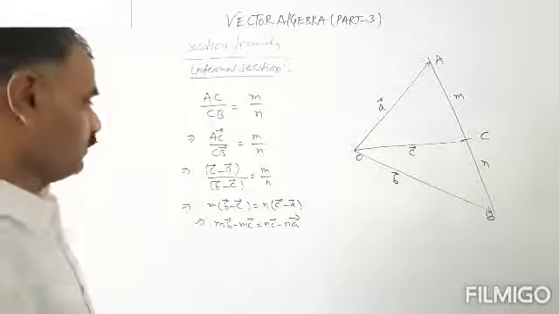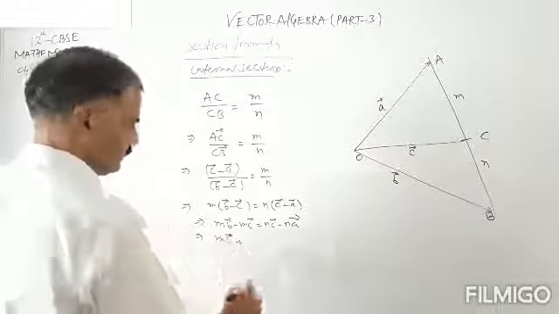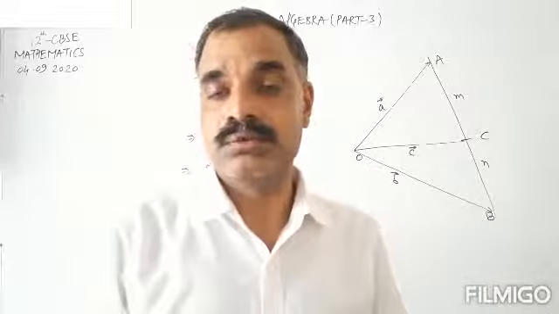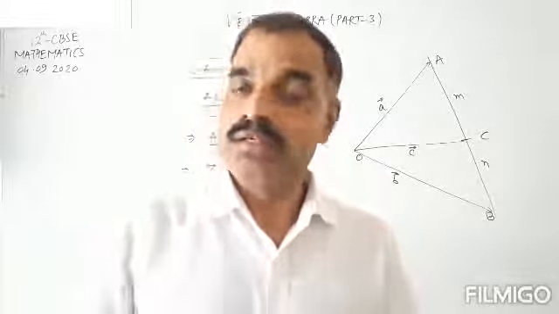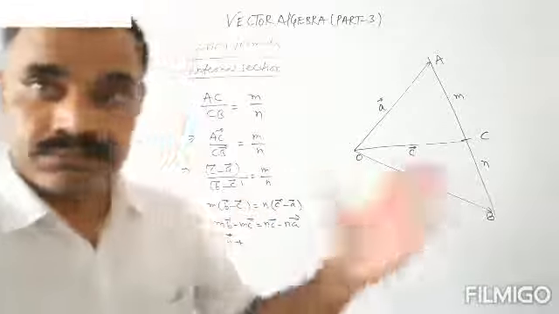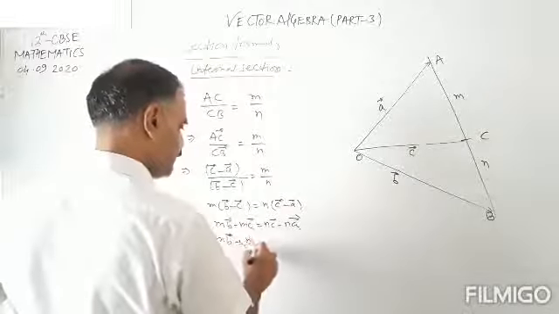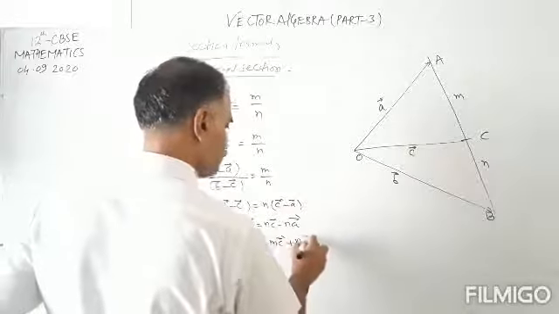Now we want to find the position vector of C, that is C vector. So transfer the terms like this. mB vector plus nA vector is equal to mC vector plus nC vector.